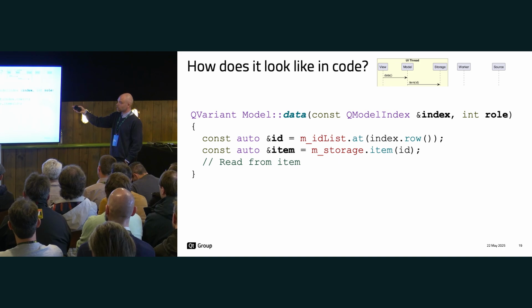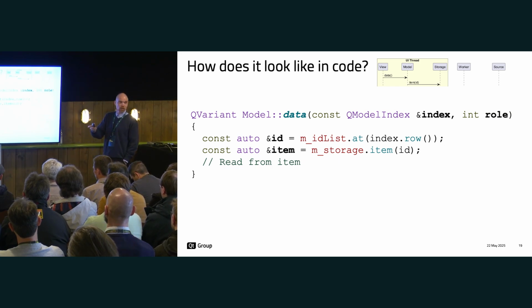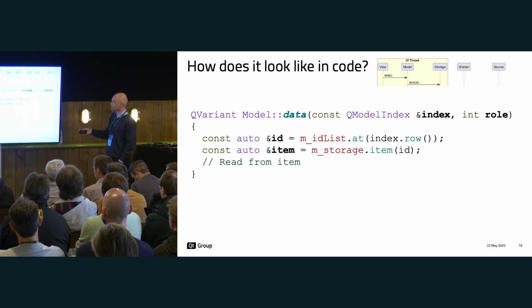The ID list is the only thing that the model is actually holding. And then when we get a data call, it just asks storage that I need the item for this ID, and the rest is what you would do in your model anyway. 2 lines in here, plus the storage, which anyway would need to be implemented according to your project. So I'm very shortly going for the storage.